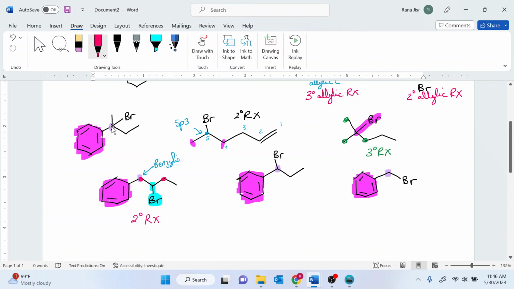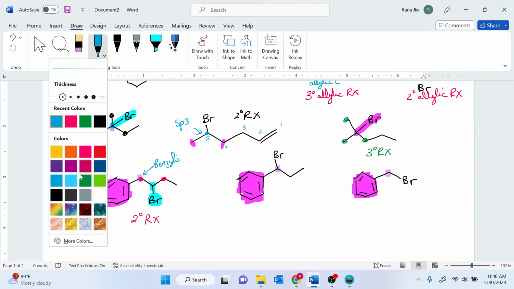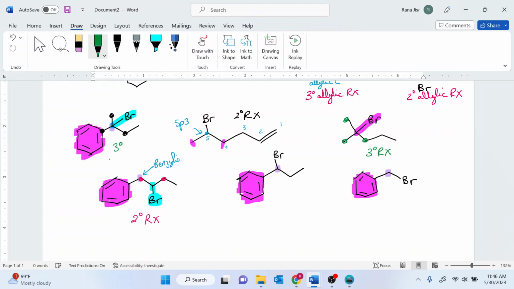If that benzylic carbon is connected to 3 carbons, so you have a carbon here and a carbon here, and this is your benzylic carbon connected to the halogen, then this is called a tertiary benzylic alkyl halide. The halogen is a bromine, so you can call it a tertiary benzylic alkyl bromide.